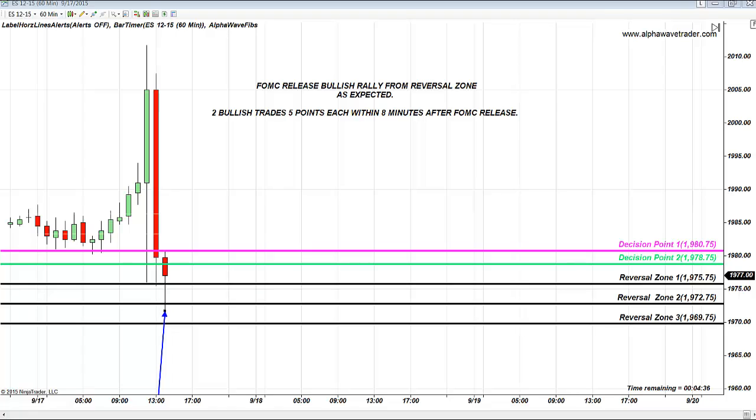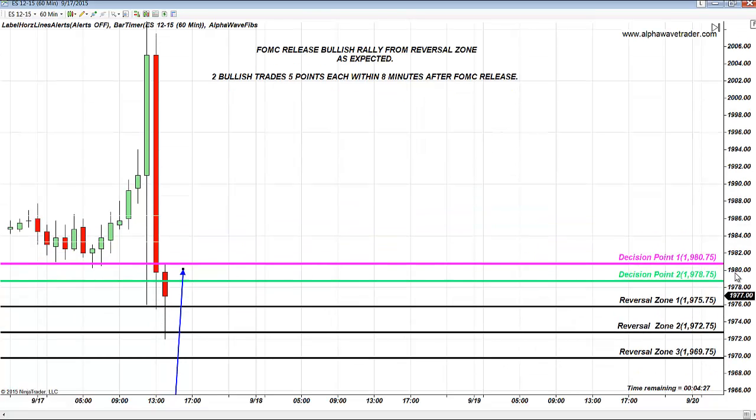Buyers already pushed up from this area for 6 points. But this is a major obstacle, the end of the minor trend to the upside. Just like decision point 1, the end of the minor trend to the downside. Price is absolutely perfect if you just respect the rules.